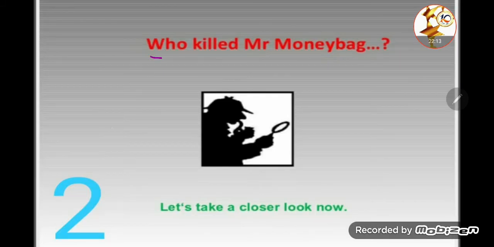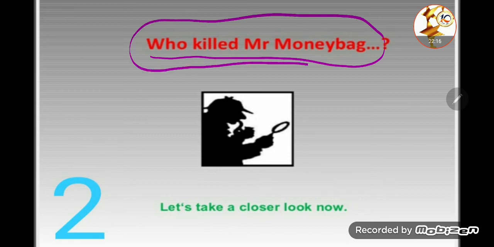So in your point of view, who killed Mr. Moneybag? After hearing all the speeches of the witnesses or the people, the members of the house, even from the family or from the workers, do you think that the one who killed Mr. Moneybag is one of the family members or one of the workers? So, who's the killer?